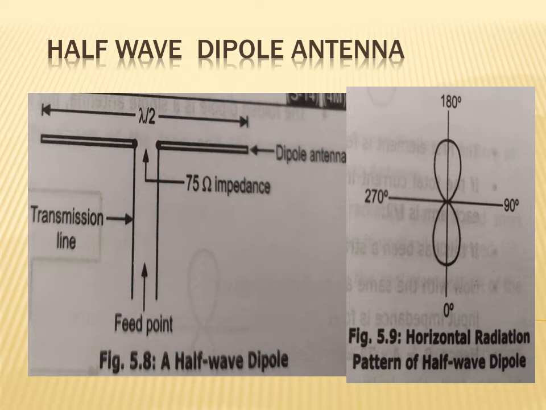Because both forward and reflected waves are present. The radiation pattern is shown in the direction where the radiation is maximum. If the radiation is maximum at any point, then we get the radiation pattern in that direction. So this is the half wave dipole antenna.